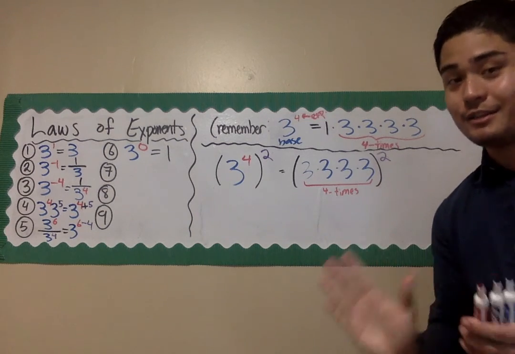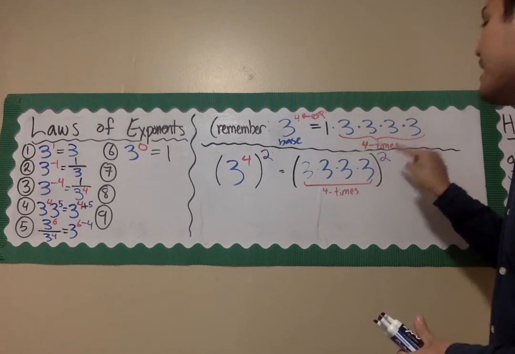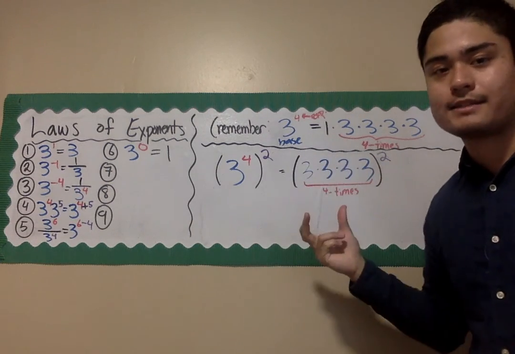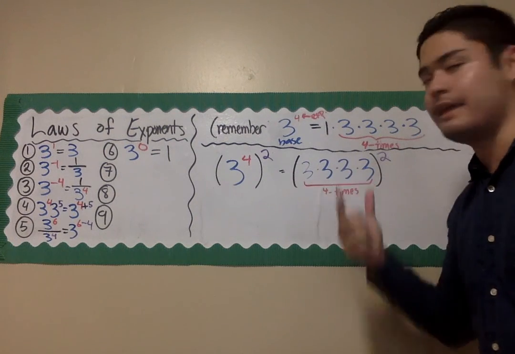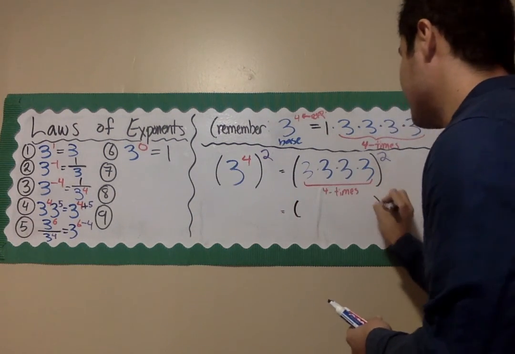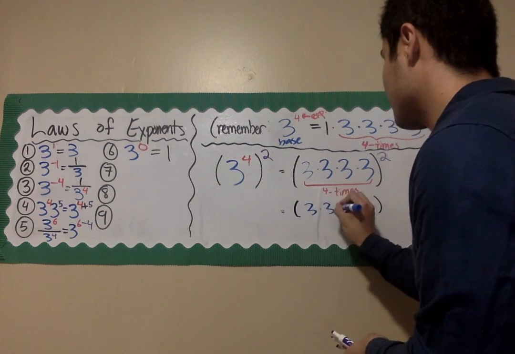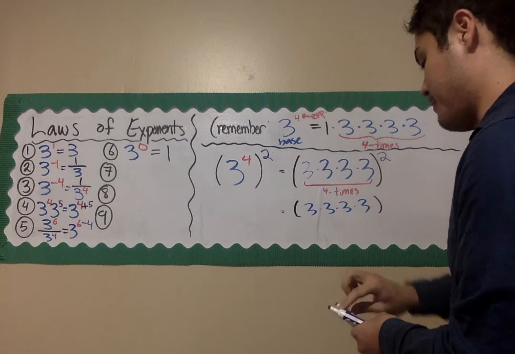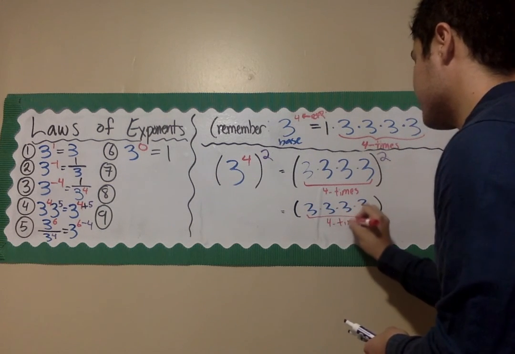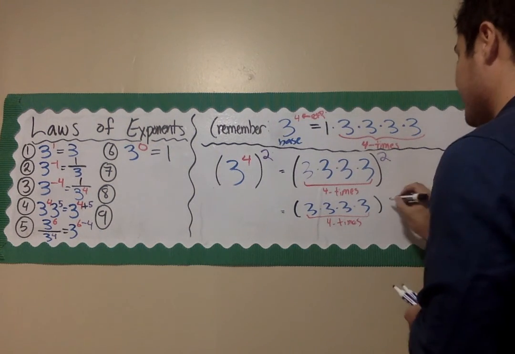Now right here it gets a little bit interesting. So this power of 2, that means this whole thing needs to be repeated twice. So I'm going to rewrite 3 times 3 times 3 times 3. Remember, that is 4 times. And this power of 2 means I'm going to repeat it twice.